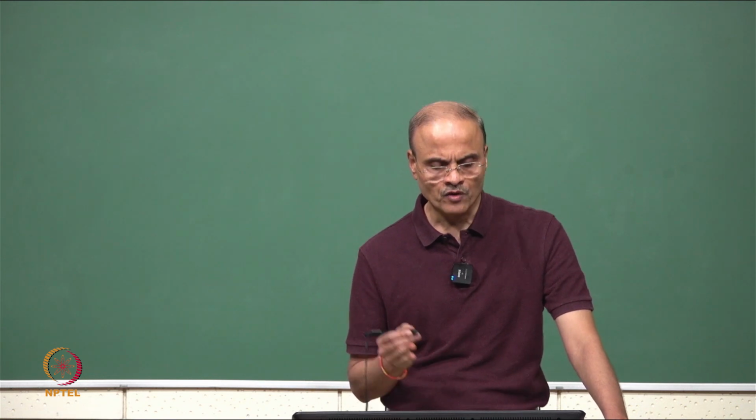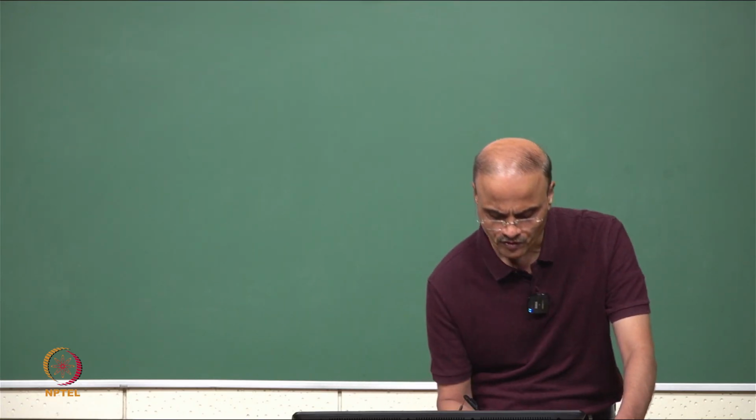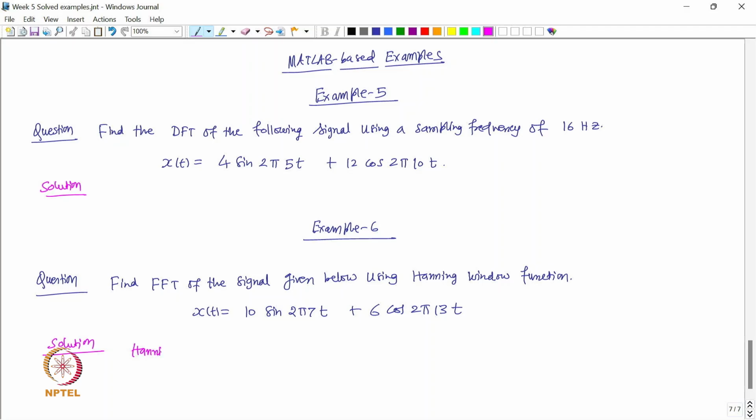But for this problem we are going to use the Hanning window function, which is given by w of t is equal to half plus half cos 2 pi t upon capital T, for absolute value of t less than or equal to T by 2, where T is the record length.